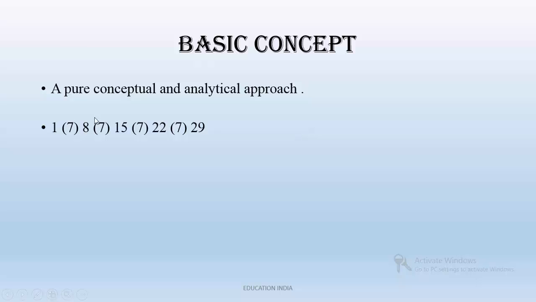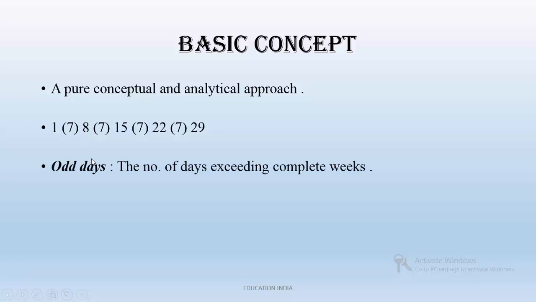As we can see, the difference between 1st and 8th is 7. Now these 7 days constitute a week. Hence, we can say that the day of the week on 1st will again repeat itself after a time interval of 7 days. Hence arises the concept of odd days.